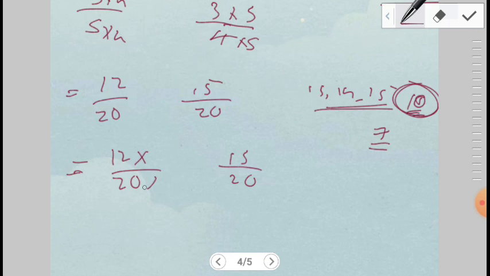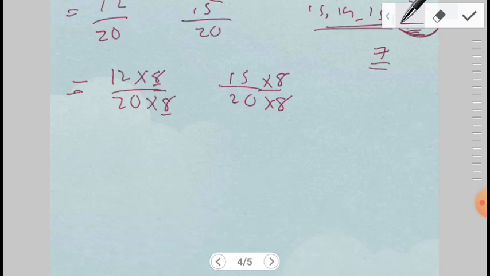So I will multiply by 8, as we write every time: whichever number we require between these two numbers, we will write the next number, that means 1 more, to multiply with both rational numbers to find the in-between numbers.